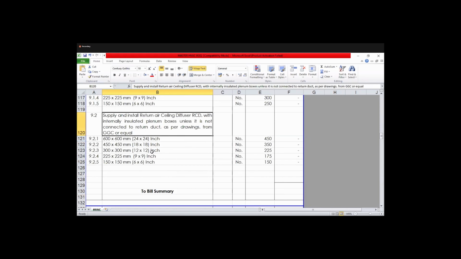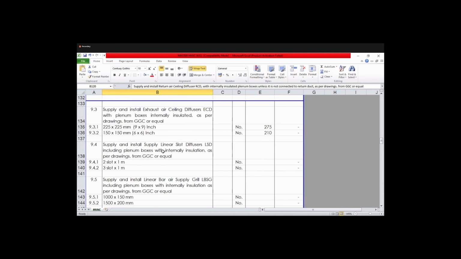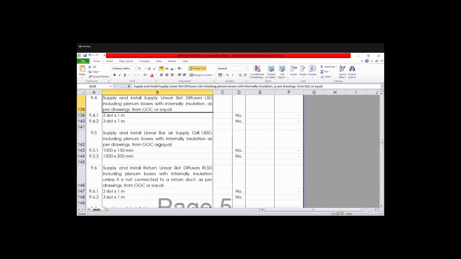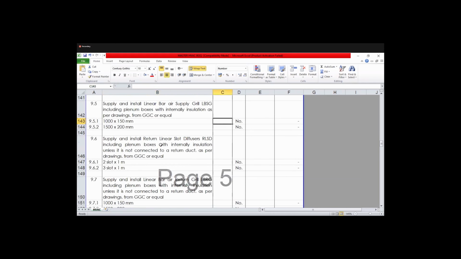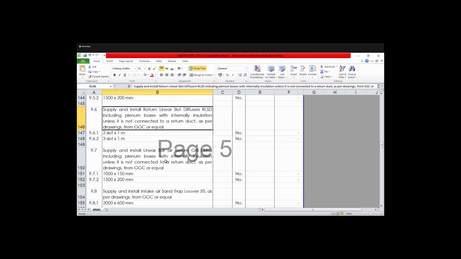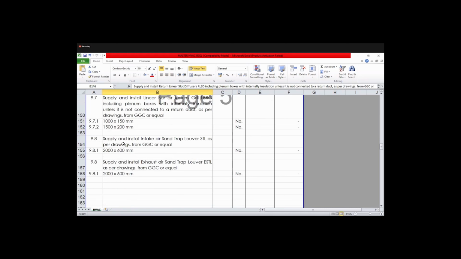But in case of gypsum, we can provide both square diffusers and linear diffusers as per the client requirement and our design. These are the specifications, linear bar grill. We have to mention the sizes and the quantity, and the same goes for the linear slot diffuser. Okay, and the louvers.